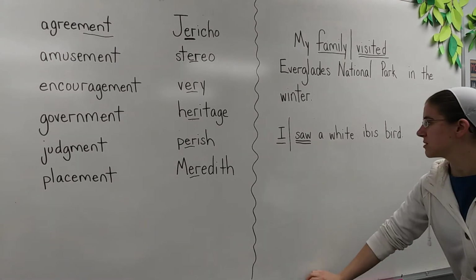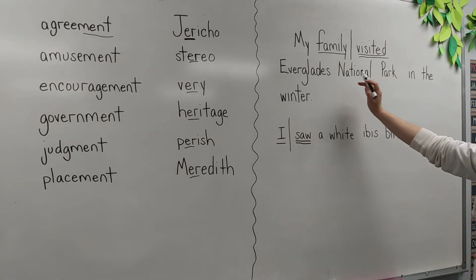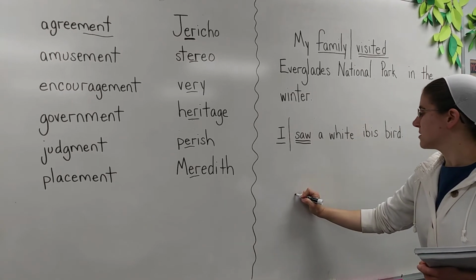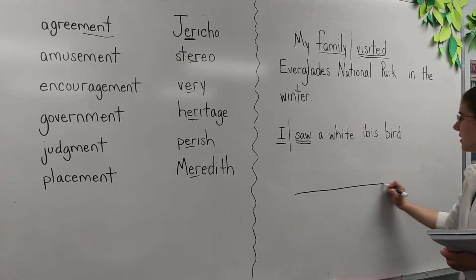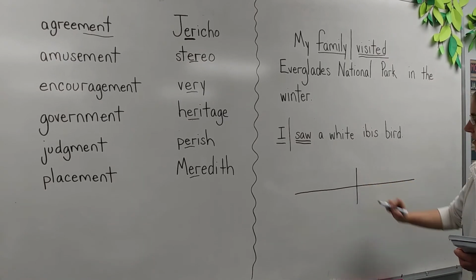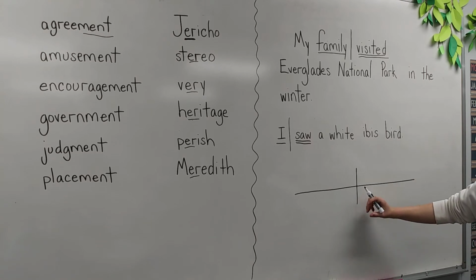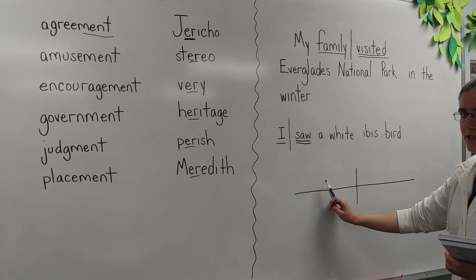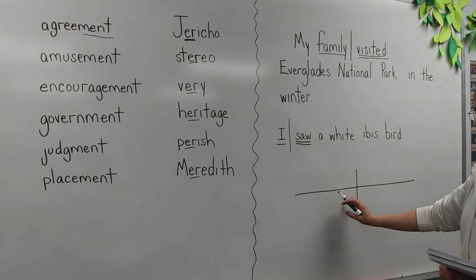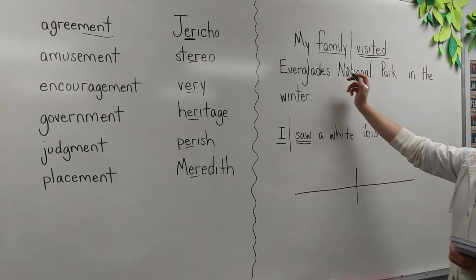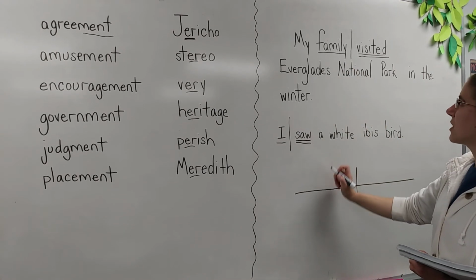So I'm going to do the first sentence first. We would diagram the first sentence. My family visited Everglades National Park in the winter. What goes in the first room on the left side of our house? We put the noun in the first room of our house.